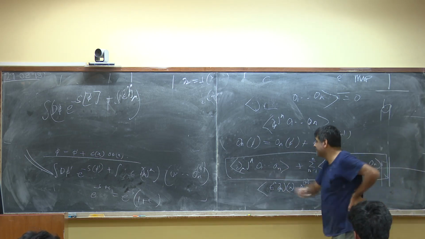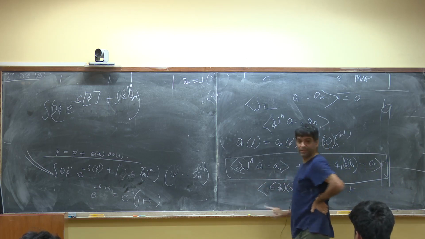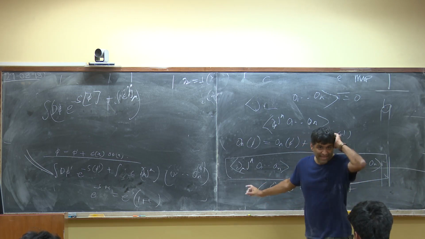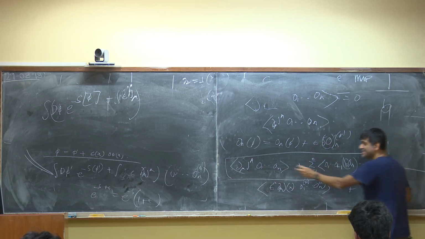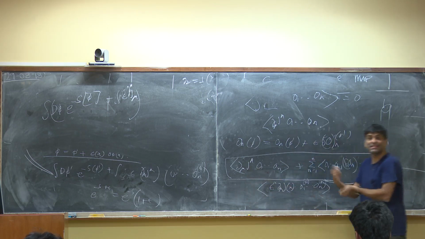So now what is this statement? This is the statement that del mu j mu vanishes within correlators unless the j is inserted at the same point as some other insertion.